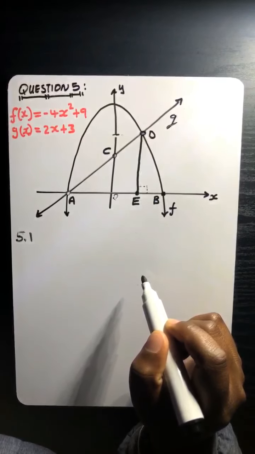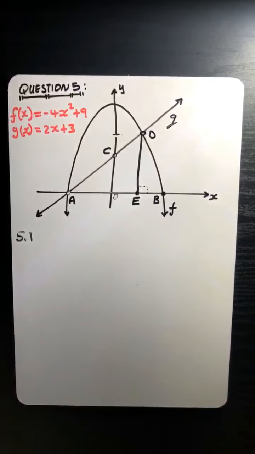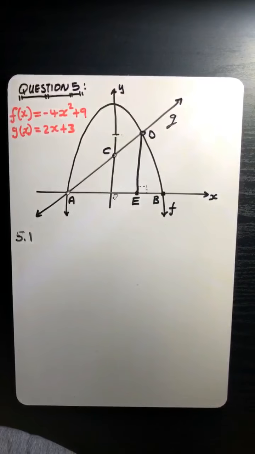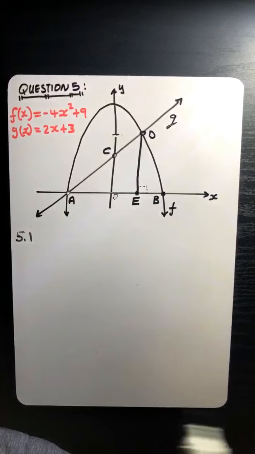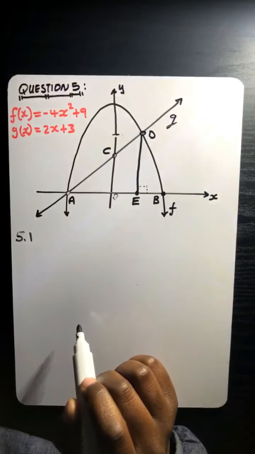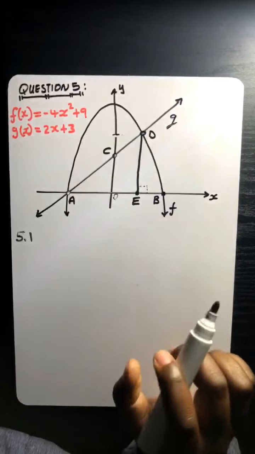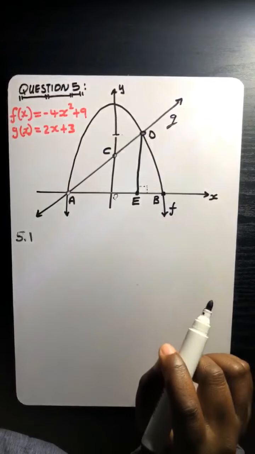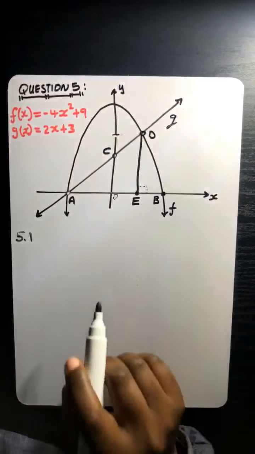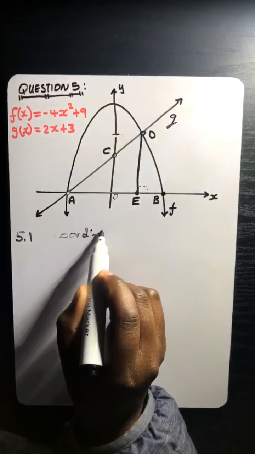Ladies and gentlemen, in every question, there's what I call the cream of the question. So, what is the cream of the question? The cream of the question is that word, or those words, when they are removed from a question, the whole question won't make any sense. So in this case, the cream of the question is this word, coordinates.